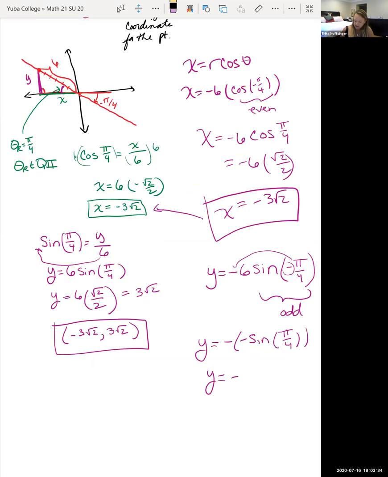So that's a positive, and sine of pi fourth. Oops, where did my 6 go? Don't drop the 6. So pulling that negative of the negative out. So that's positive 6. Sine of pi fourth is √2/2, which again is 3√2.